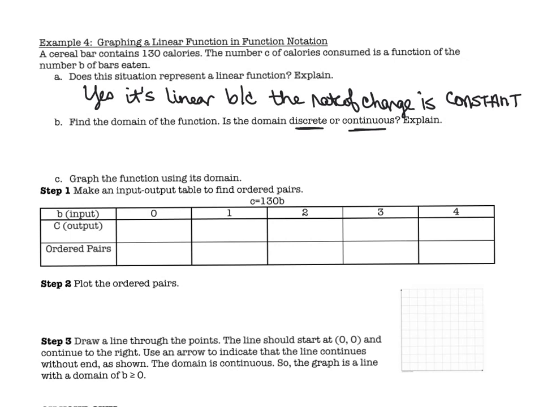If it was continuous, the domain is the number of bars eaten, so that means that we could eat a fraction of a bar, 2.5 bars, or 1 3/4 of a bar. Is that possible? Yes. So the domain is continuous because you can eat a fraction of a bar.